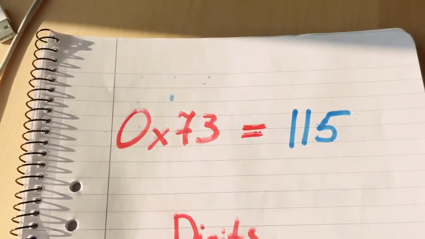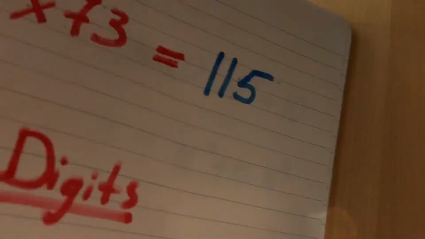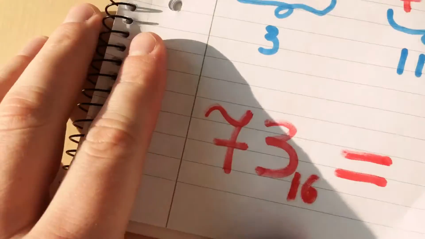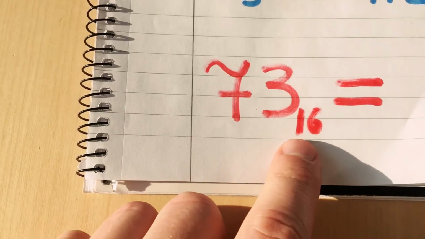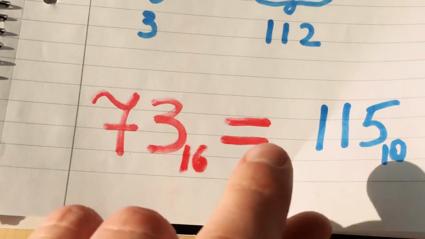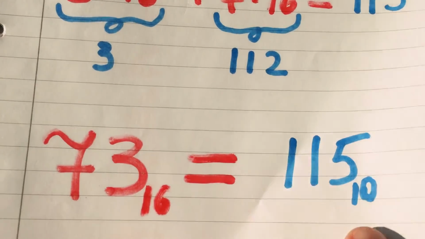And so when we use hexadecimals, when we use base 16, one way to represent it is to write 73 base 16 equals 115 base 10, meaning that 73 in base 16 equals 115 in base 10.